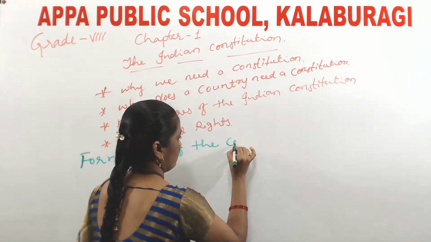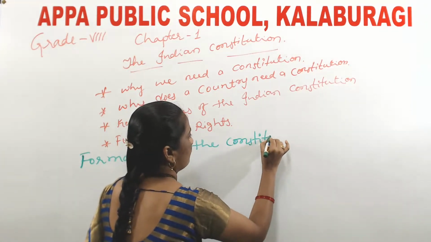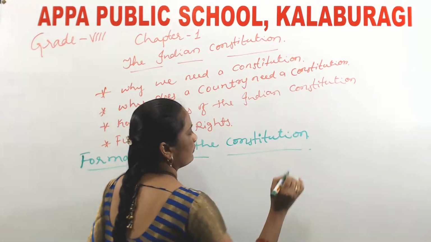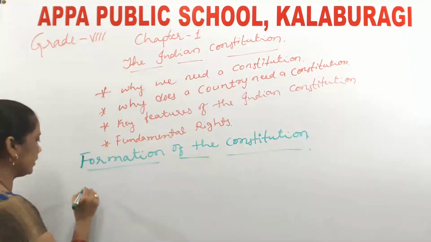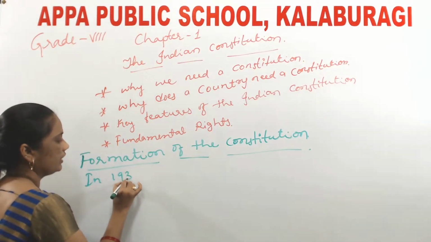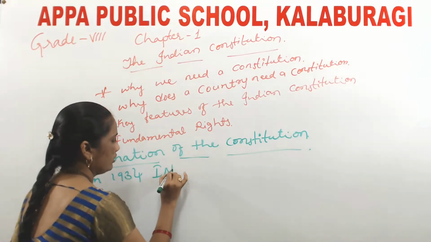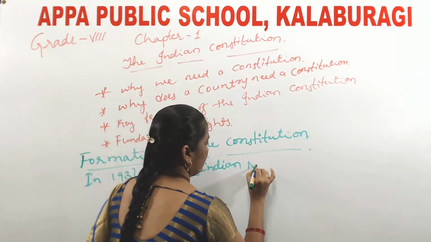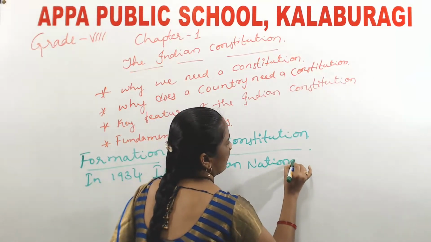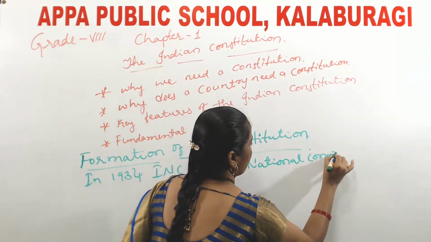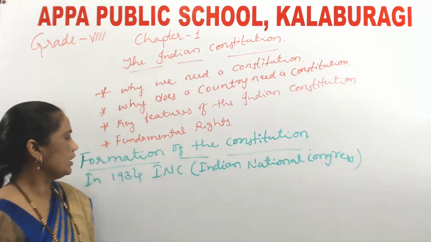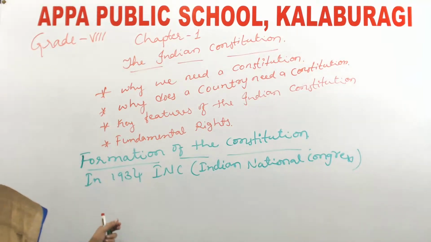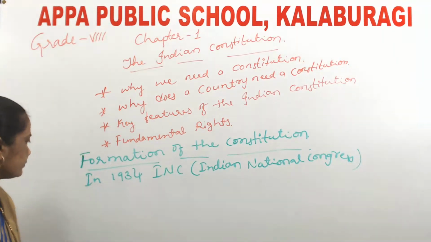In 1934, INC, the Indian National Congress, demanded a Constituent Assembly to make India free from the British.